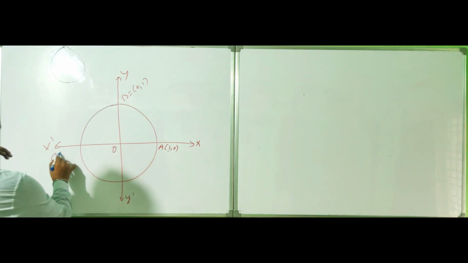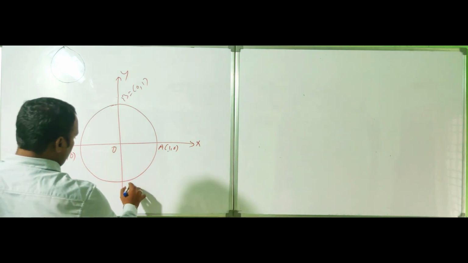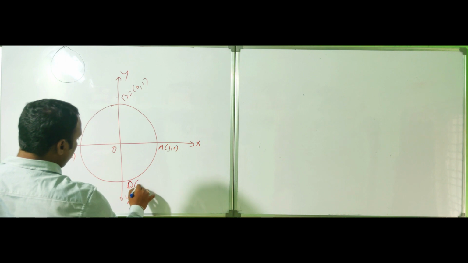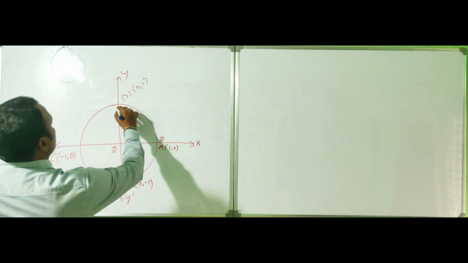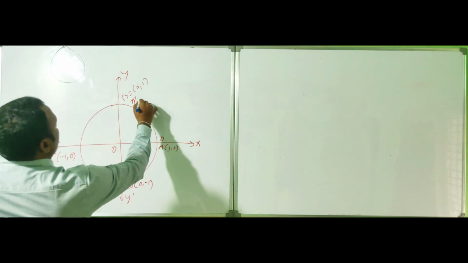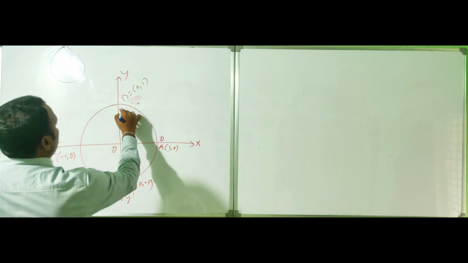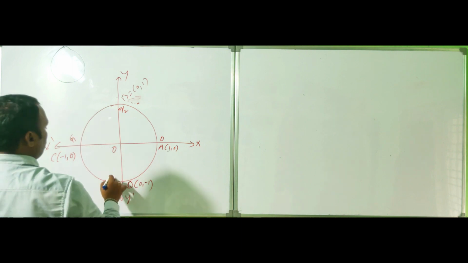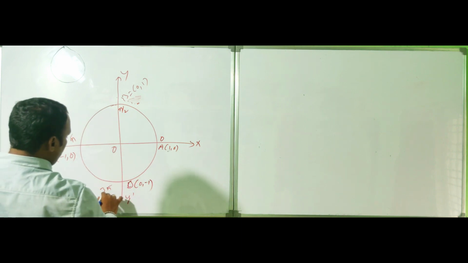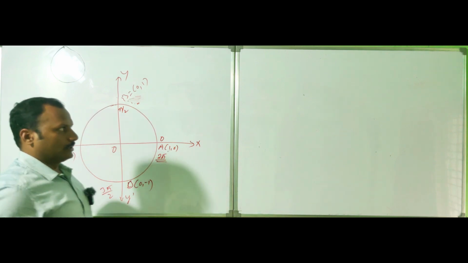This is c: a is minus 1, b is 0. This is d: a is 0, b is minus 1. This is 0 degrees, this is pi by 2, this is pi, this is 3 pi by 2, this is 2 pi, or 0.